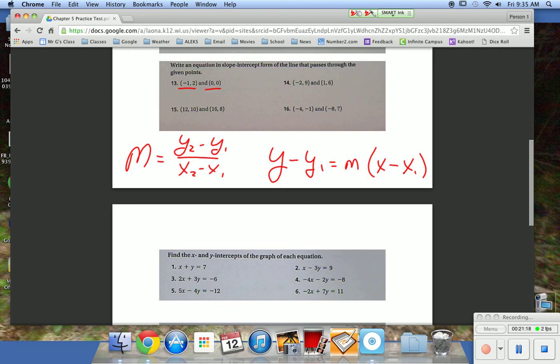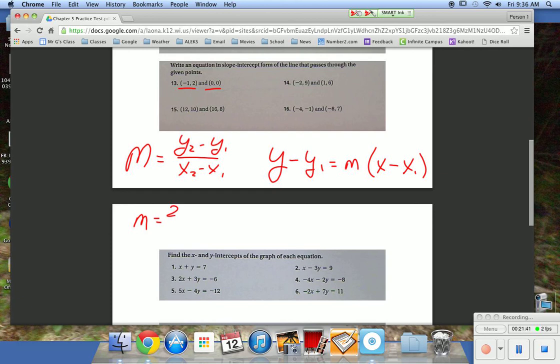All right. So let's take a look at this first one, guys. Who are we at here? Wade. What do we find first? Got to find m. So what are we going to put in for m? We got -1, 2, and 0, 0.